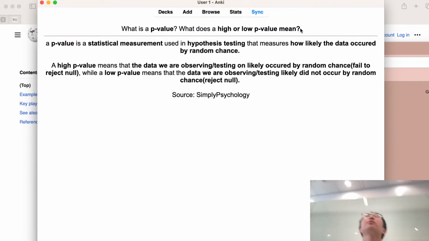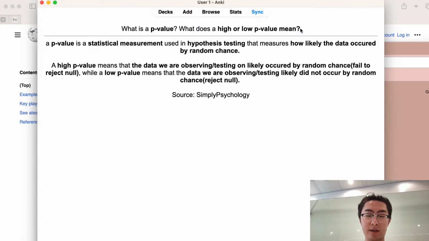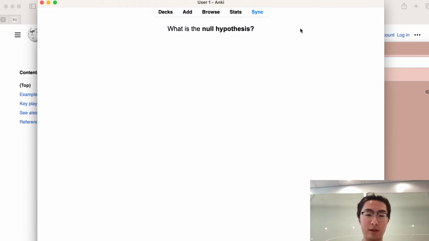Okay, I think it'll be better to have a grounded example to describe this. Maybe I have to watch a few StatQuest videos here, but I'm gonna put this as hard because I don't think I have a super strong grasp of the p-value stuff.